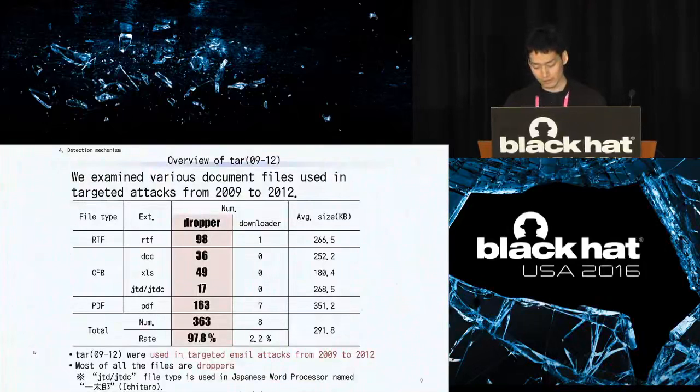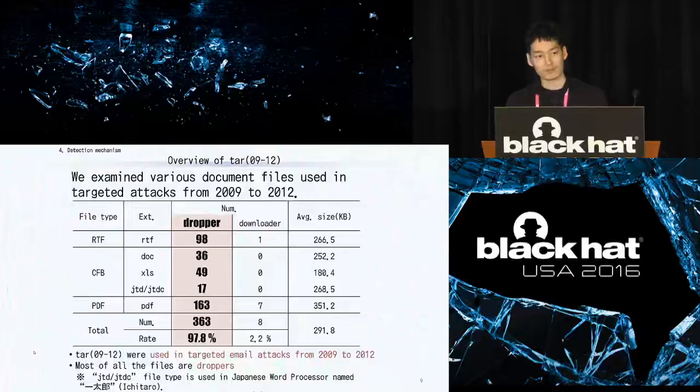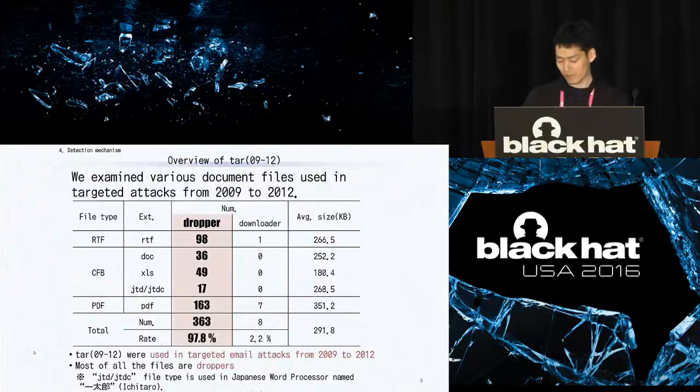JTD file is used in the Japanese word processor named Ichitaro. Ichitaro is as famous as Microsoft Word in Japan. So, when a vulnerability of Ichitaro is found, it is often used in targeted email attacks.